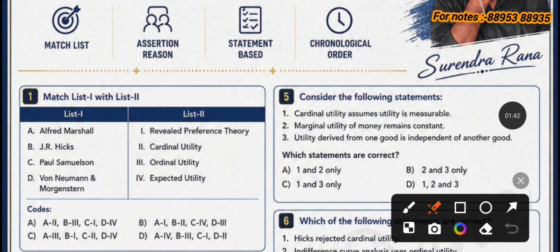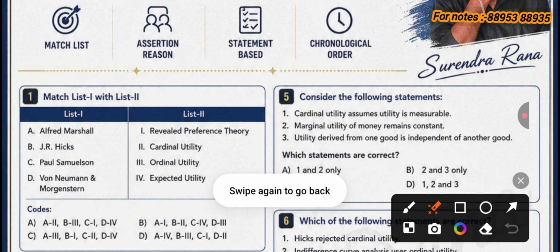So the first question says list 1 and list 2. In list 1: Alfred Marshall, J.R. Hicks, Paul Samuelson and von Neumann and Morgenstern.